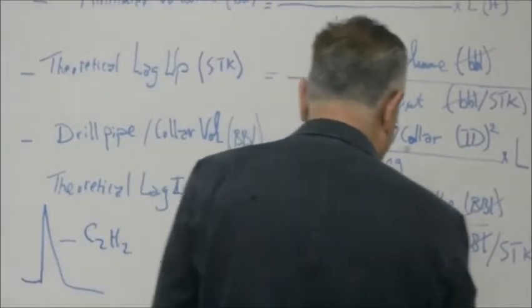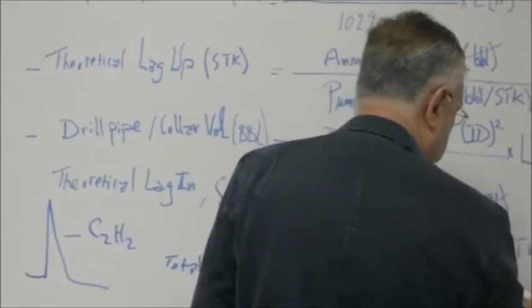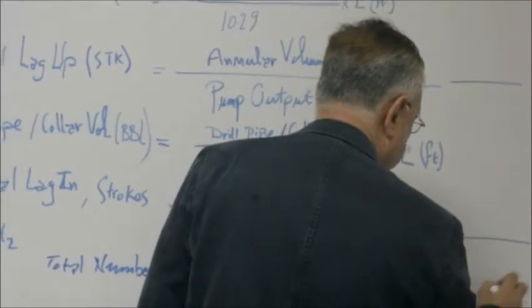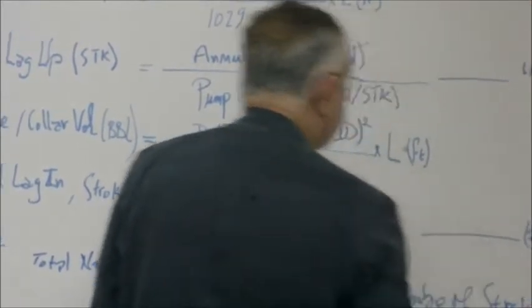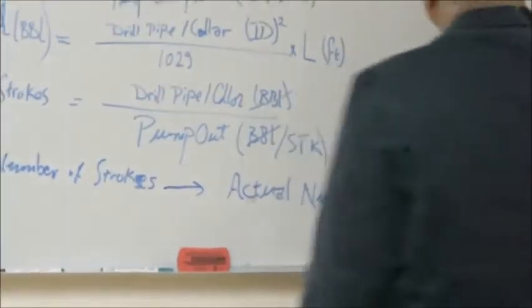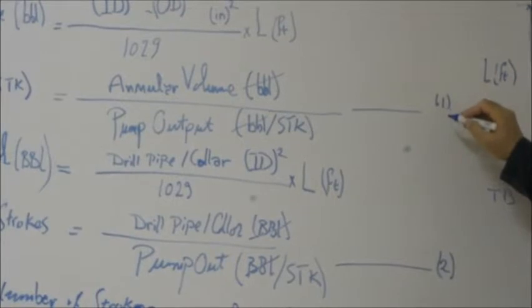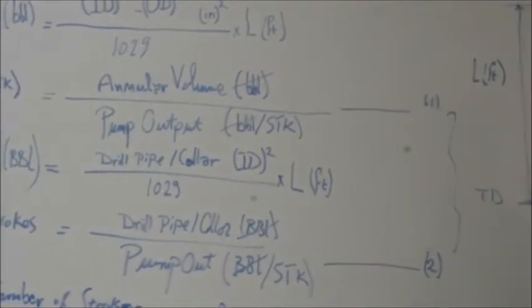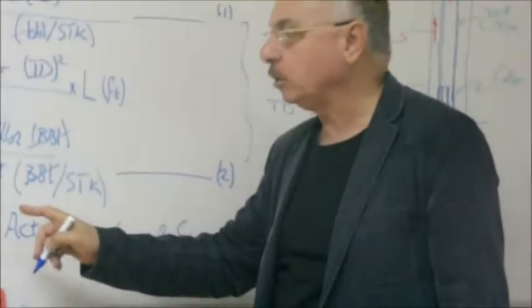This is the actual number of strokes. Equation 1 and equation 2, when you add equation 1 and equation 2, you will have the theoretical value of this actual number from the counter at the pump.